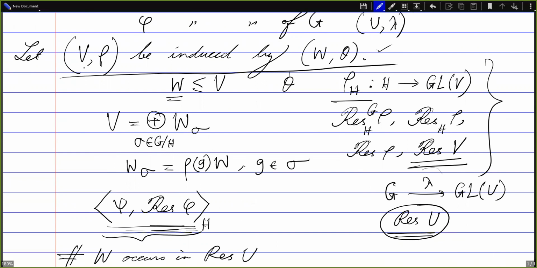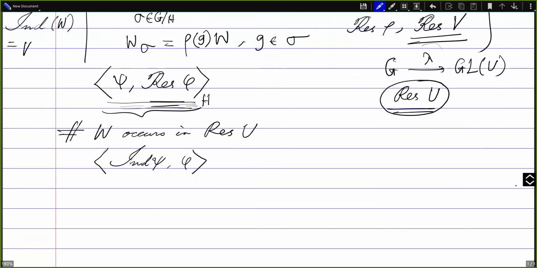If V rho is induced by this, we will write rho as ind GH theta, and again for simplicity we simply write it as ind theta. Okay, and again when there is no danger of confusion, we can simply say ind W is V.